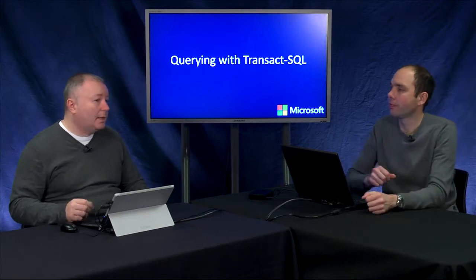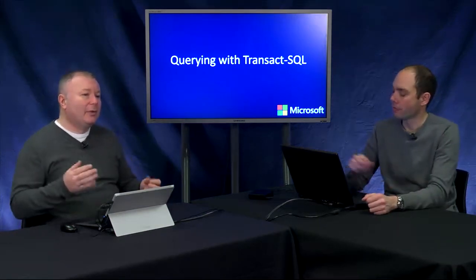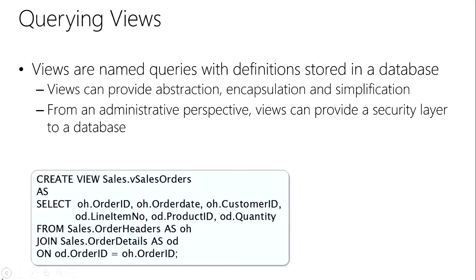Right, and that's an important point. Views are effectively named queries, as it says on the slide. What we've done is taken the query that we've written, which might be a really complex query that references multiple tables or uses various different constructs within it. And we've encapsulated that in a view, and that creates a layer of abstraction over the underlying tables, which can be used to provide a simpler interface, if you like, for developers to query those tables.